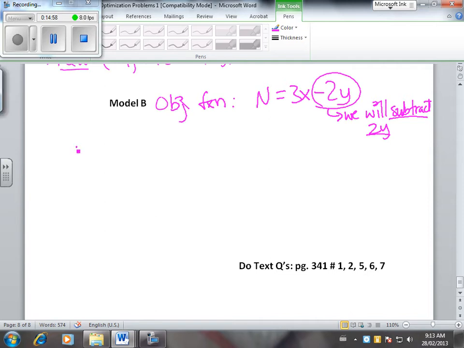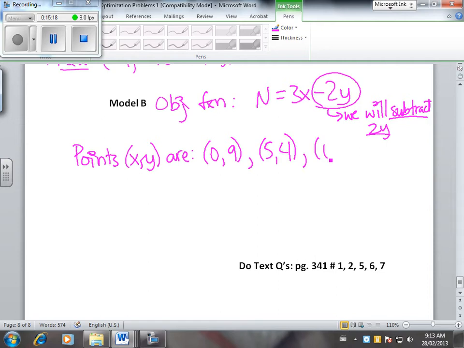And if we look at the triangle, the points, and again they're given in the variables x, y, are 0, 9, 5, 4, and 0, 4. And if you look at the triangle, it's like that, and then it's the whole number coordinates.